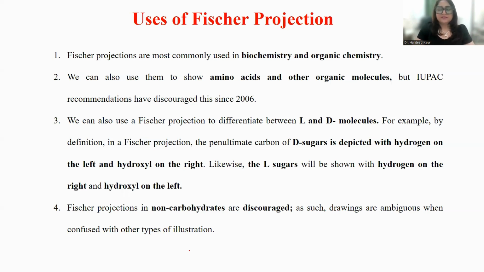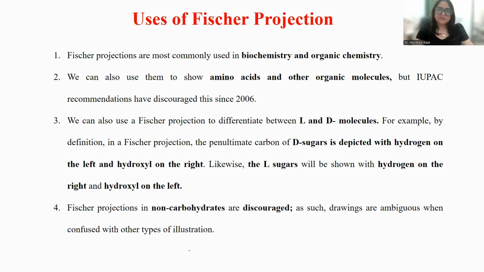For example, by definition, the penultimate carbon of D-glucose is depicted with hydrogen on the left and hydroxyl on the right. Likewise, in L sugars, hydrogen is on the right and hydroxyl is on the left side.